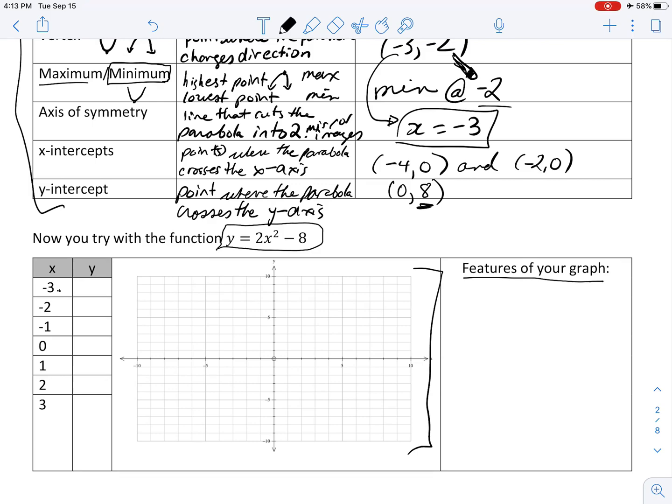Okay, so hopefully you found these values for y. So I hope you found those, and the parabola should look something like this.